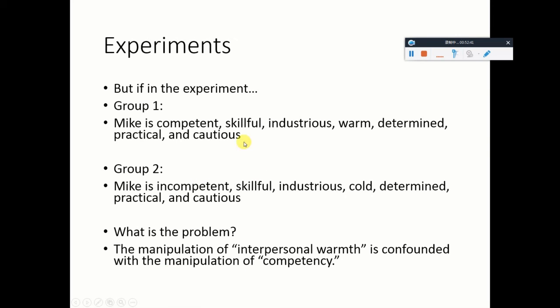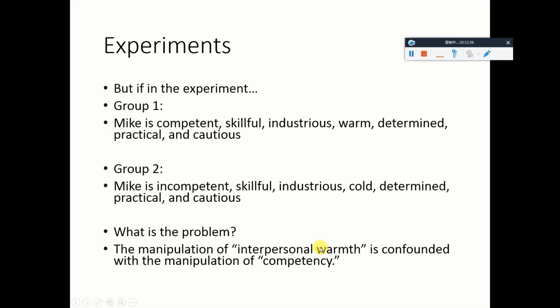So that way, any change in the perception of Mike could be due to the manipulation of Mike's warmth, or it could be due to the manipulation of Mike's competency.